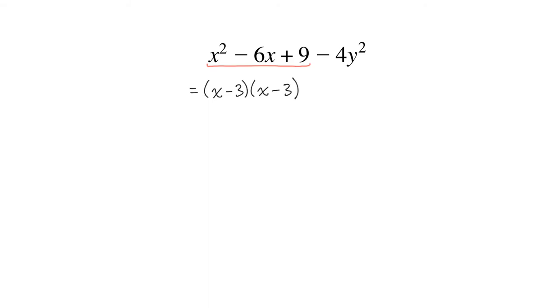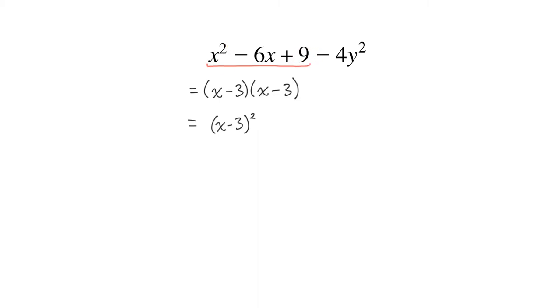Notice that these two binomials are the same, just like we had in the last question. So this is a perfect square trinomial, and it can be written as x minus 3 squared. So how do you know when you have a perfect square trinomial? Your first term and your last term must be perfect squares.